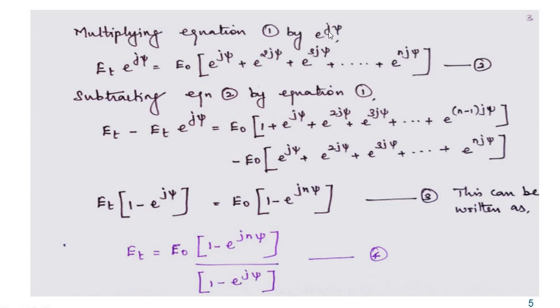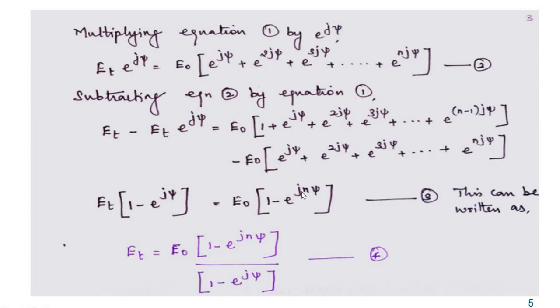I am going to multiply e power j psi with the first equation, then equation 2 will be like this. Then I subtract equation number 2 from equation number 1. It will be E_t minus E_t e power j psi, equal to equation 1 minus equation 2. From this the common factor is E_t times (1 minus e power j psi), which is equal to E naught times (1 minus e power j n psi).